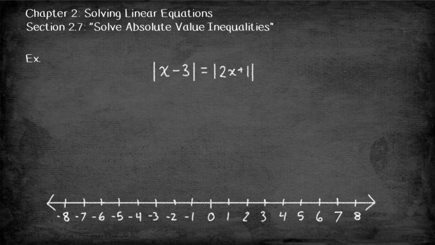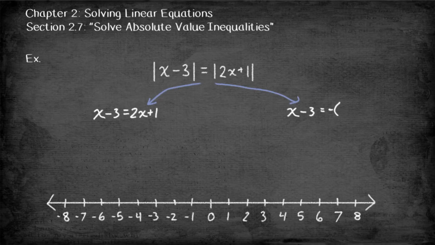When we have 2 absolute values, either x minus 3 is equal to 2x plus 1, or it's equal to the negative of 2x plus 1.